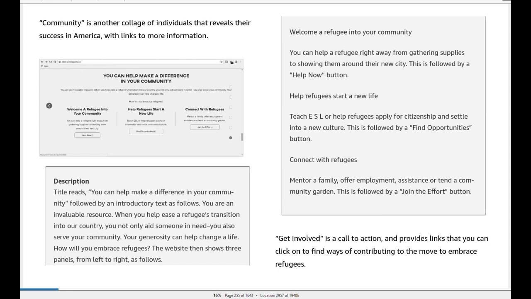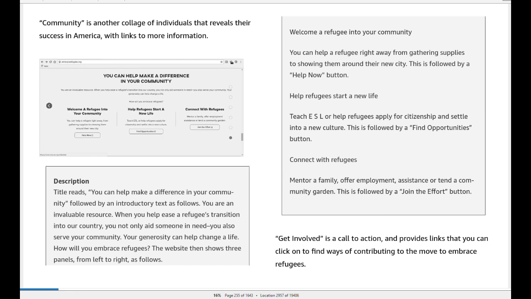The website then shows 3 panels from left to right as follows: "Welcome a refugee into your community." You can help a refugee right away from gathering supplies to showing them around their new city. This is followed by a Help Now button. "Help refugees start a new life." Teach ESL or help refugees apply for citizenship and settle into a new culture.